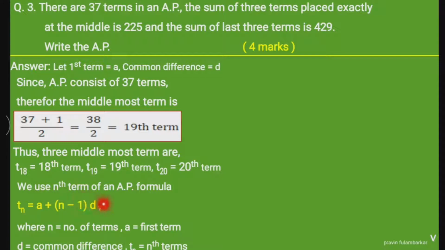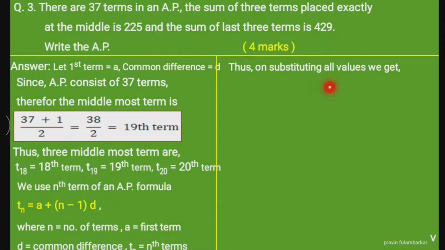We use the nth term of an arithmetic progression formula. So we write Tn equals A plus n minus 1 into D. We know n is the number of terms, A is the first term, D is the common difference, and Tn is the nth term. Thus on substituting all the values we get, so we substitute values in this formula.